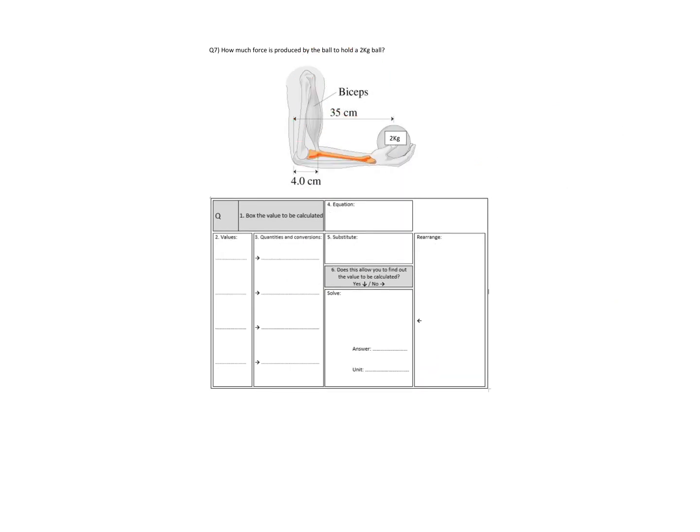And then for this final one, similar to question 6, apart from we've got a 2 kilogram mass. So weight, or the force, is mass times gravity, gravitational field strength. So that's 2 times, the value really is 9.8, but we can use 10 as an approximation. So that 2 kilogram mass is equivalent to a force of 20 newtons, its weight. So moment equals force times perpendicular distance from the pivot.